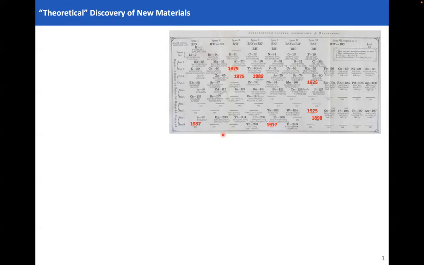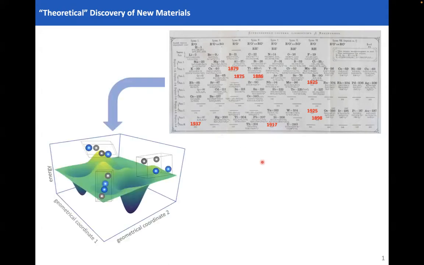The state of the art of our knowledge about how the machinery of nature works is quantum mechanics, especially at the atomic scale. Within the Born-Oppenheimer approximation, various ionic arrangements of atoms basically correspond to points on a high dimensional surface, which is commonly referred to as the potential energy surface or energy landscape.